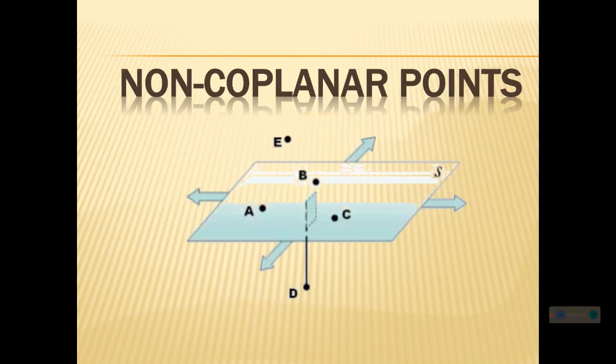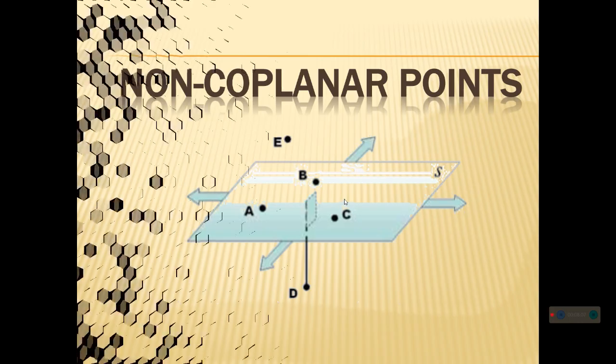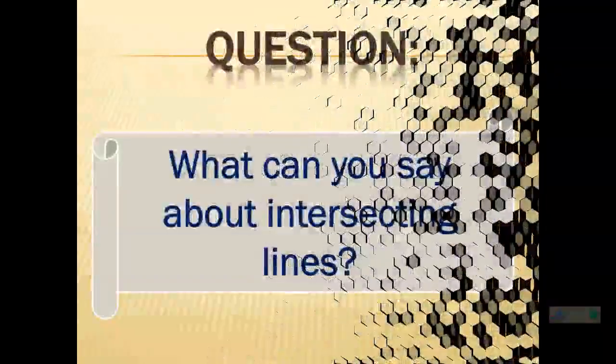So for example, here A, B, C, D, and E are non-coplanar points because points D and E are outside the plane. They are not lying on the same plane, so that's why they are called non-coplanar points. Okay, any question? Okay, so let's proceed with the next question.